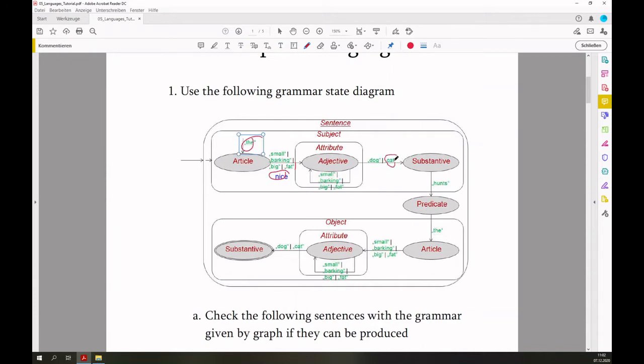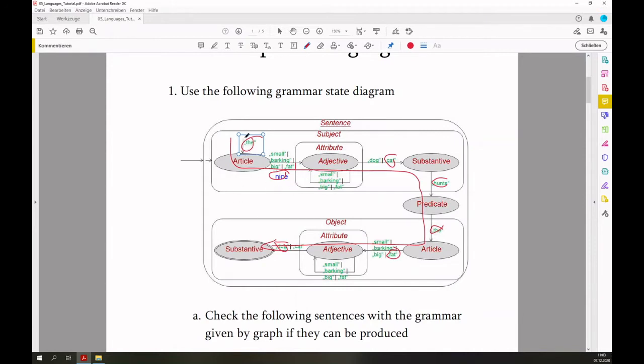cat hunts the fat dog. So this is our way that we can accept this additional sentence. Of course, this extension allows additional sentences, so we do not only support this sentence which we wanted to support.